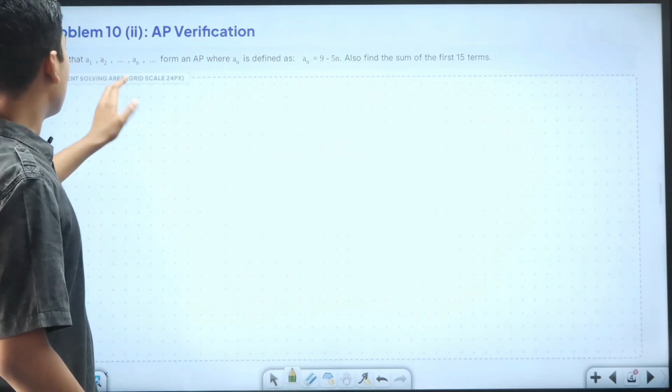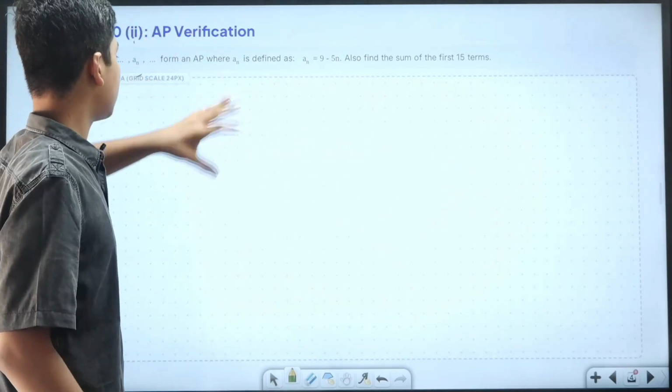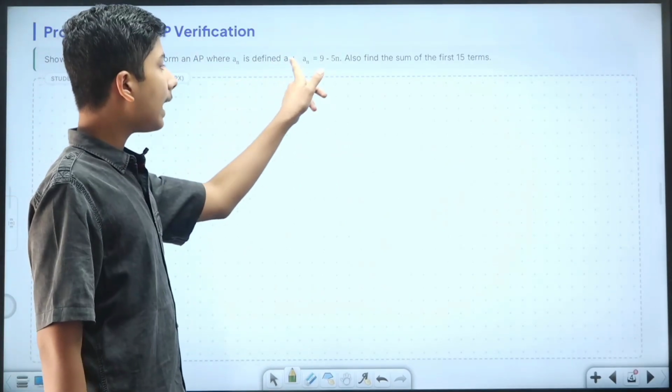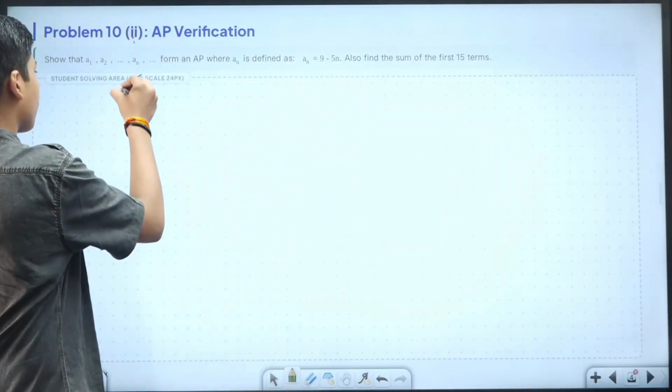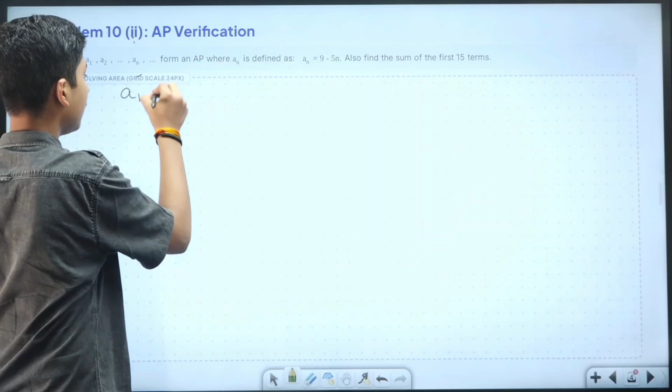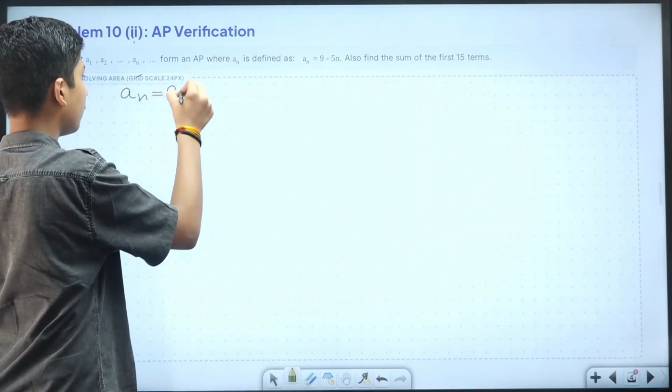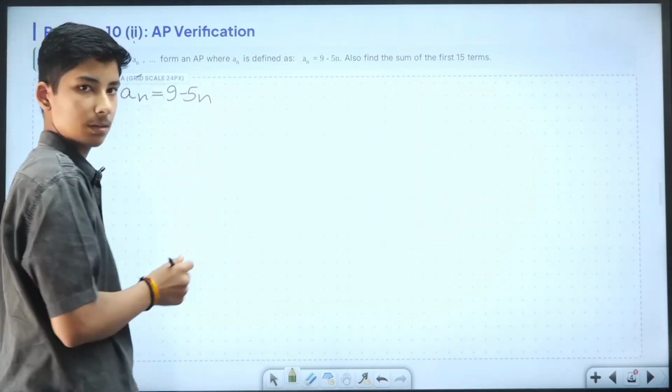Here it is the same question but just the second part. Here AN is given differently and all else is the same. AN equal to 9 minus 5n.